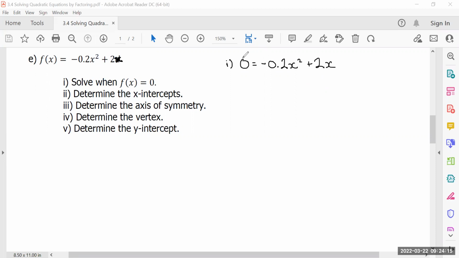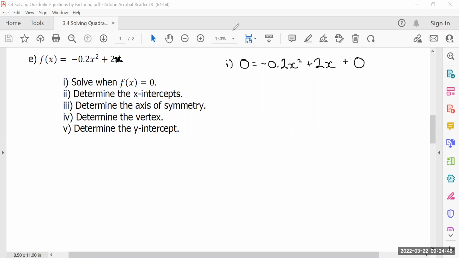Set one side to 0 and then factor. If you're wondering why this is not a trinomial and why it might look hard, here, how about I help you out? The third number is a 0. So you can do it as, what are two numbers that multiply to these two, but add to 2? I know it's a little bit weird, but I don't think you even have to do that.